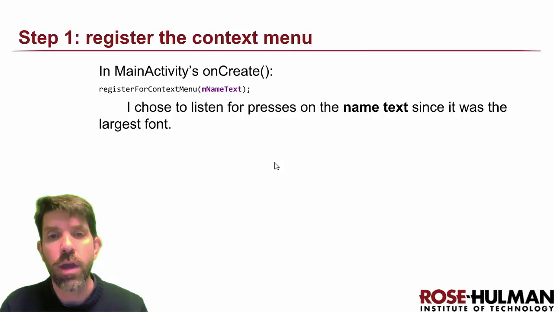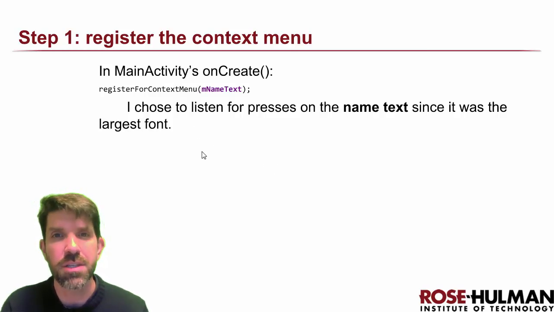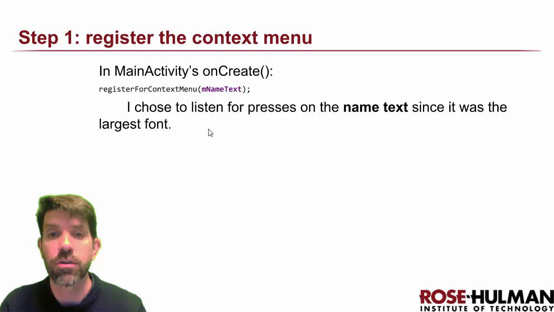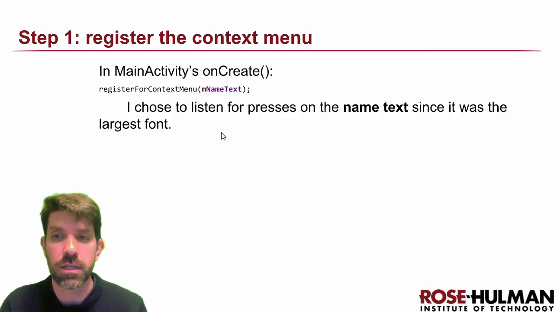All right, so the first thing we have to do here in code is we want to register a context menu. And this is probably the main difference between an options menu and a context menu, even though it's really no big deal. So in onCreate, we're going to put in this one line here, and we're going to tell our activity to register the context menu, which widget is going to be listening there.